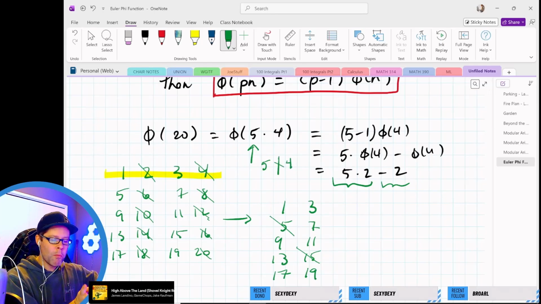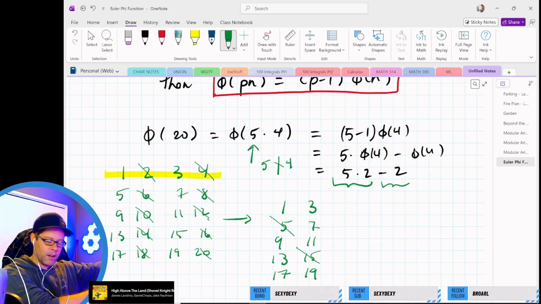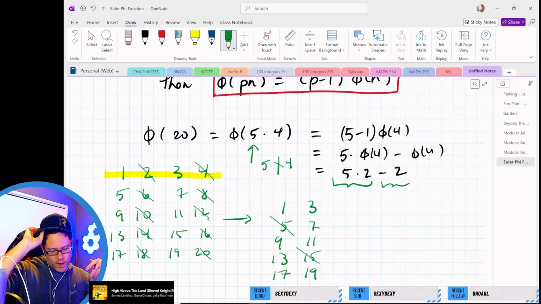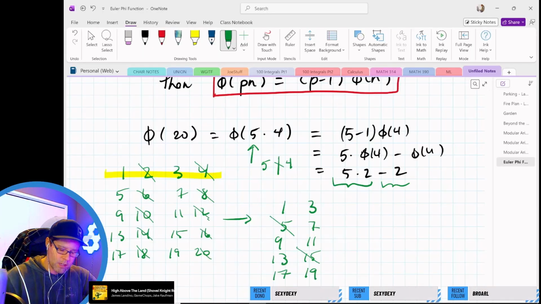So I have to go back and remove the multiples of 5 along the way. And so this formula is saying to remove the multiples of the prime number, there's actually going to be phi of n of those. So it's a little bit tricky to motivate this. But it's interesting that phi of n of those things are always in there.